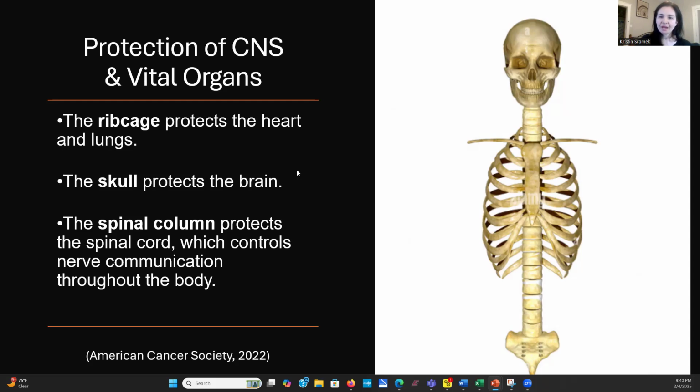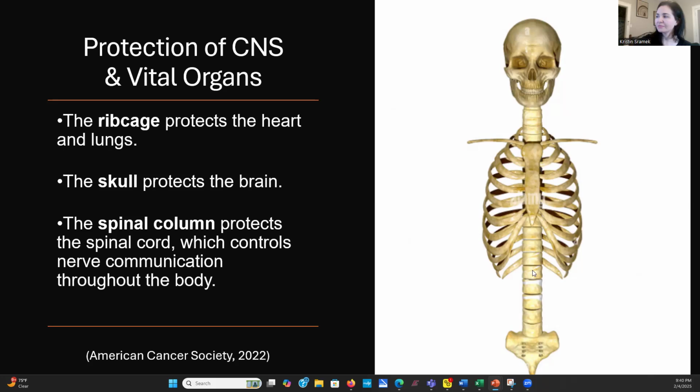And then the rib cage protects all of your vital organs. All of the viscera inside of your torso are protected by that rib cage. So your heart and your lungs and I believe your liver and your stomach are also up here at the very top.